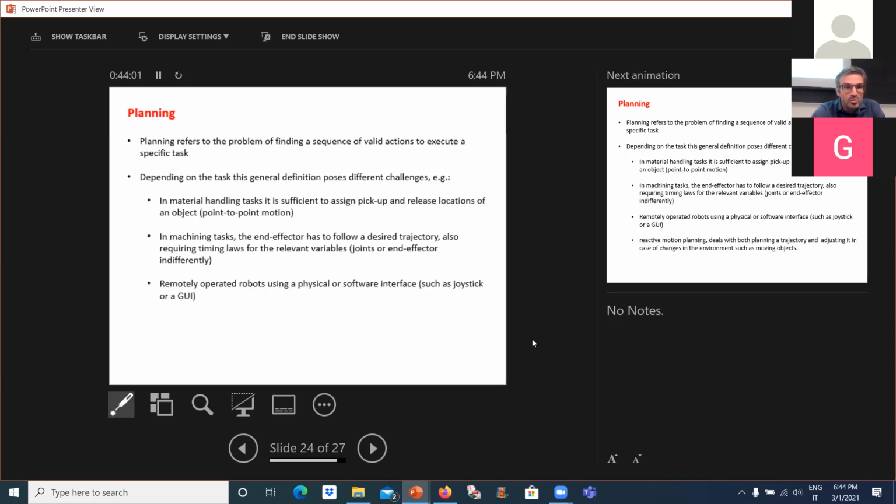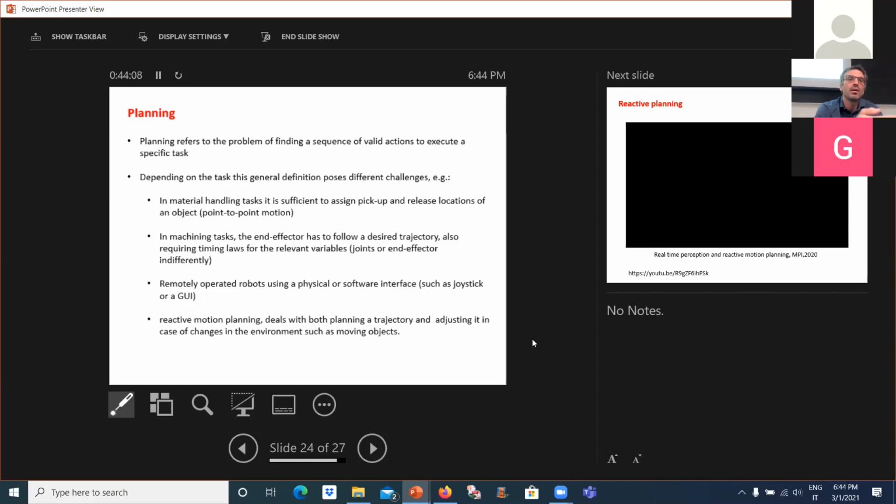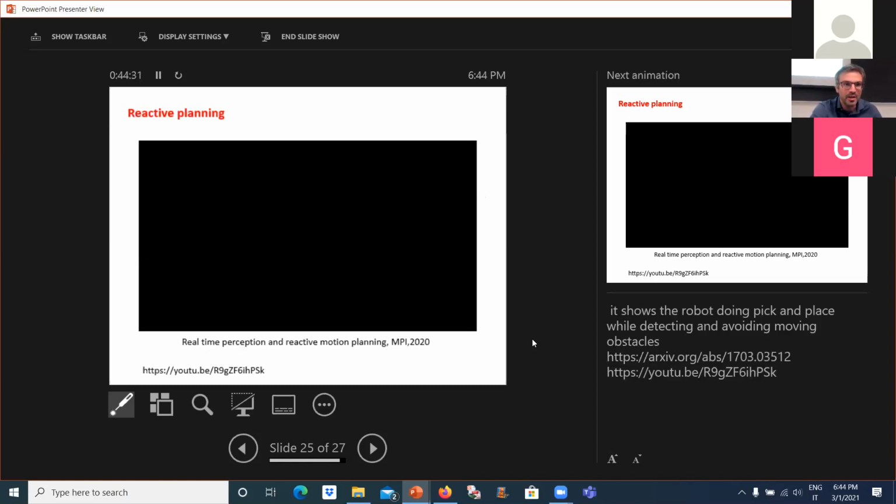Another way is, as I said, using a graphical user interface or joysticks to drive commands, or we can have reactive motion planning. This is the case whenever, for example, the robot is slipping and needs to take a reaction, so we need to modify its trajectory in order to recover stability or to react to the environment in a proper way.